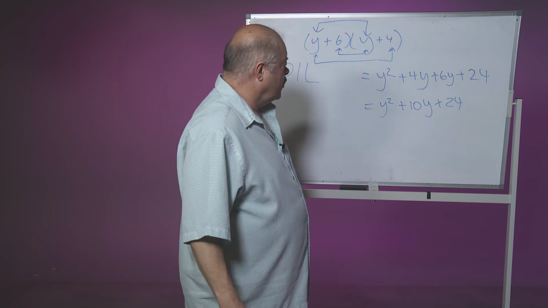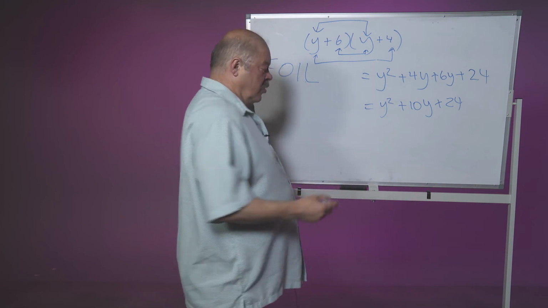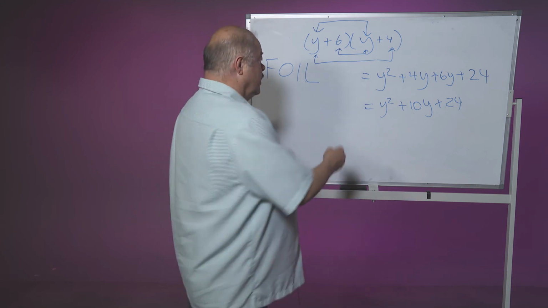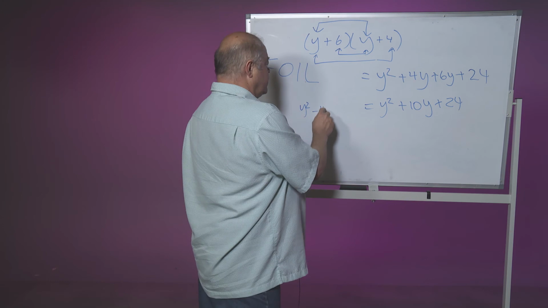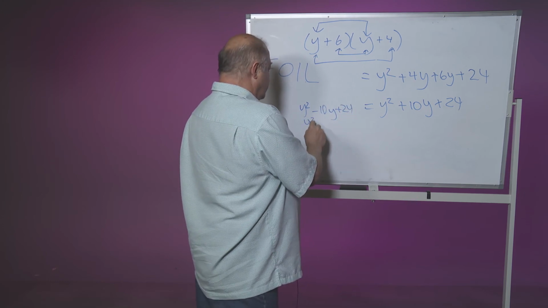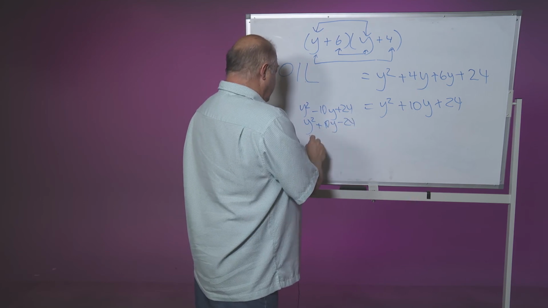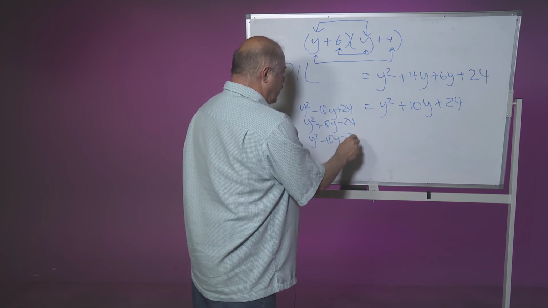Your choices, there'll be 4 of them, and they'll ask you to pick the right one. So one of them would be that. They might put y squared minus 10y plus 24. They might put y squared plus 10y minus 24. They might put y squared minus 10y minus 24.